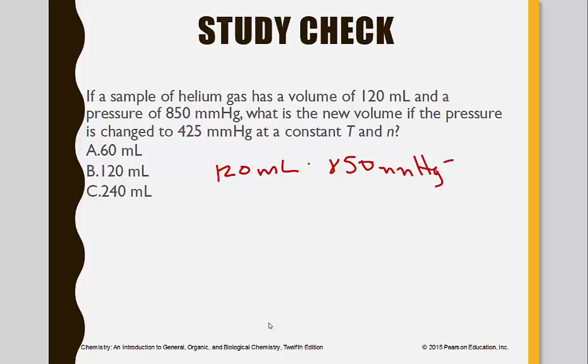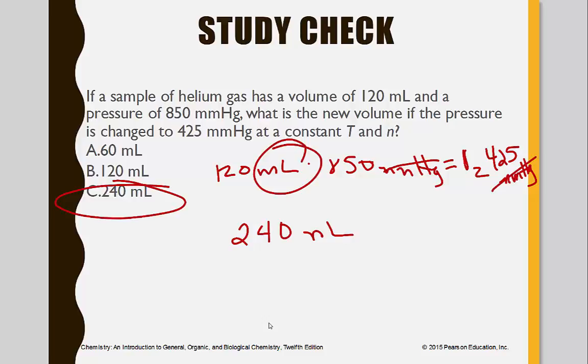What is the new volume if the pressure is changed to 425 millimeters of mercury at a constant temperature and amount? So it's 120 times 850 divided by 425. That comes out to be 240 milliliters. Notice the milliliters this time because the millimeters of mercury cancel and we're left with milliliters.